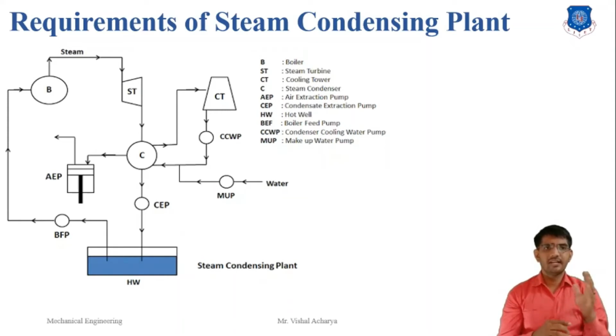It is connected to the air extraction pump and the condensate extraction pump. After the condensation of the steam, the condensate is pumped to the hot well with the help of the condensate extraction pump. The air extraction pump extracts the air from the condenser and creates a vacuum inside it. The vacuum helps in circulating the cooling water, which flows downward in the condenser.